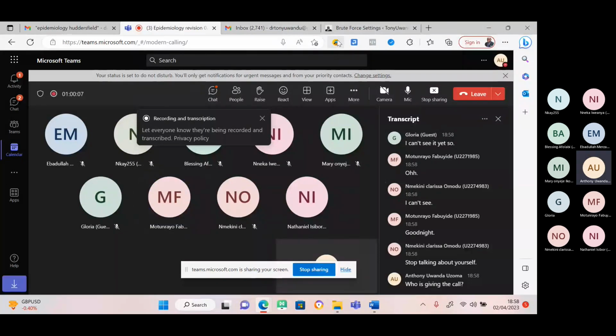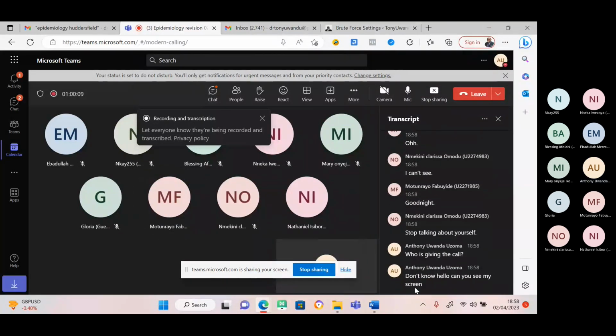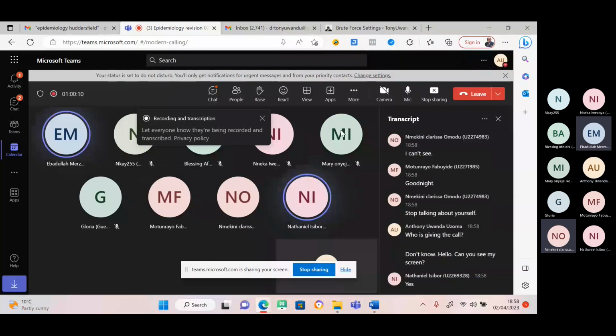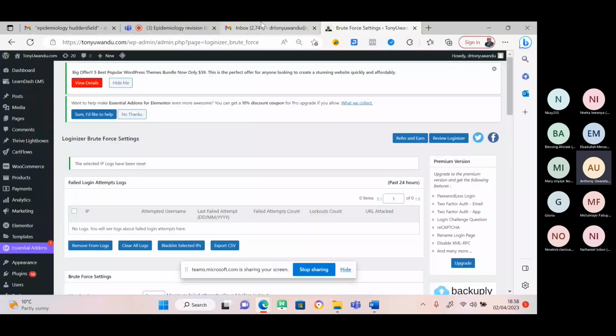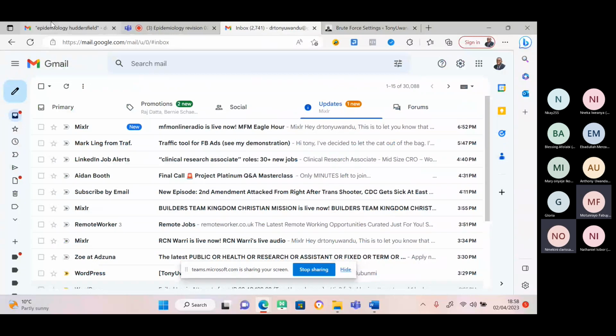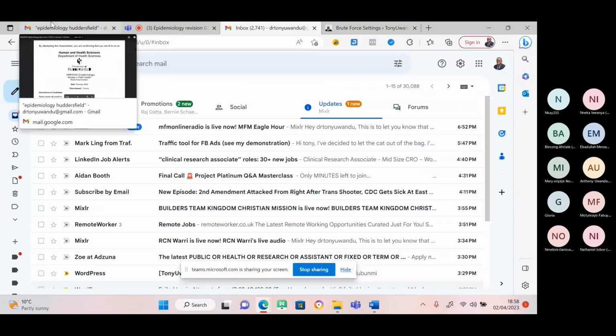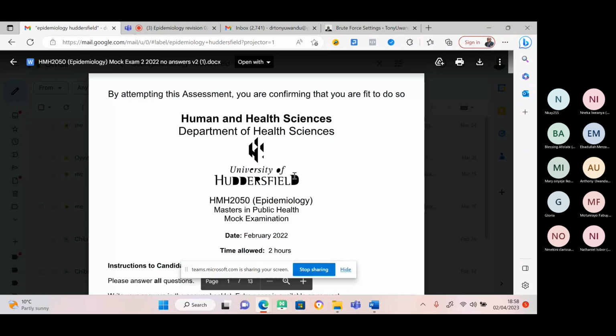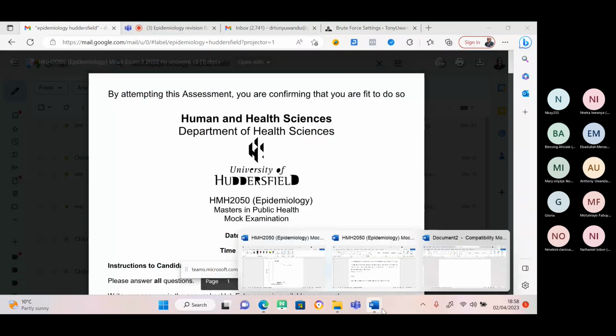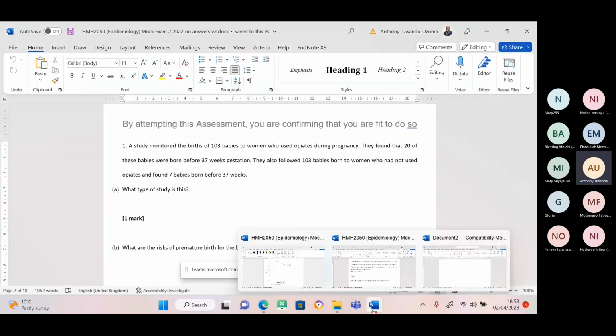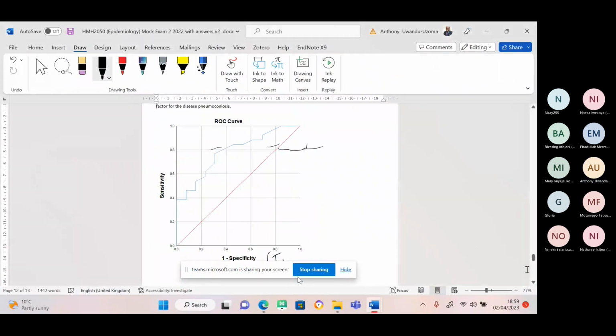I don't know. Hello, can you see my screen? Yes, we see the screen now. Can you see the graph? Yes. Okay, so go ahead and tell me where to plot now.